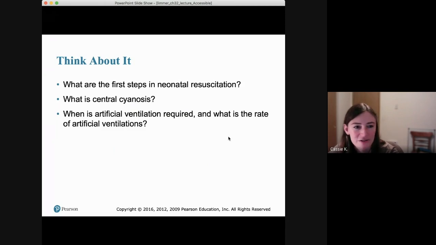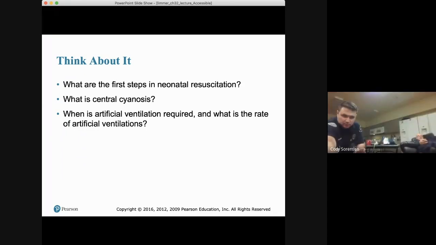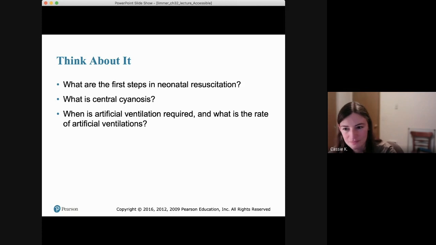So what were our first steps in neonatal resuscitation? What are some of the things we might need to do? Stimulation. Stimulate them. What else if their heart rate is more than 60 but less than 100?